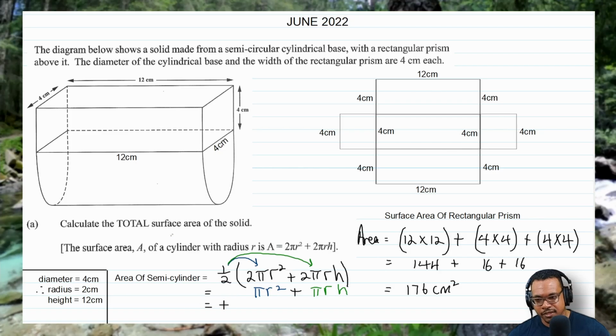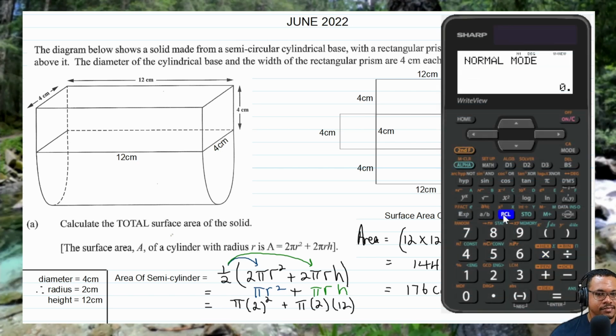So now we can just put in those values. I'll leave the pi as pi because I'll use the pi button on the calculator. R squared, we have 2 squared, plus pi times r, which is 2, times h, which is 12. So on my calculator, I'll press my pi button, open brackets, 2, close brackets, squared, plus pi, open brackets, 2, close brackets, open brackets, 12.